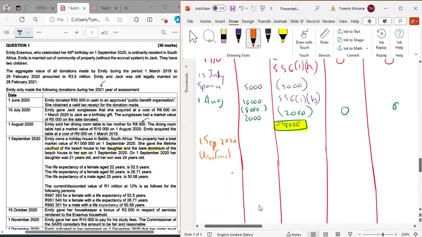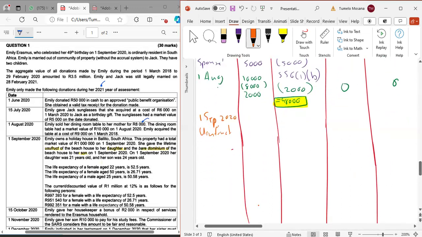The life expectancy of a female 22 years old is 52 years, and of a female 50 years is 26, which is probably for the donor. For a male 25 years is 50.8. So the present discounted value of 1 million at 12% is as follows for the following persons.